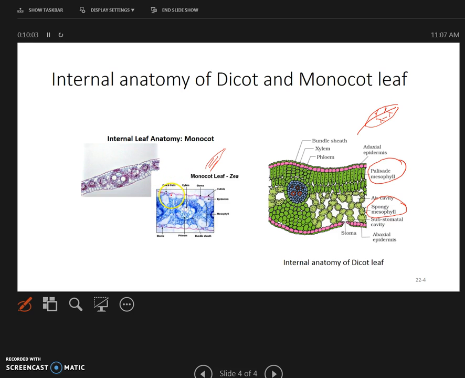In a monocot leaf, you do not have this differentiation. It's undifferentiated. There is nothing called palisade mesophyll and spongy mesophyll. It's just mesophyll. So what about the xylem vessels? In a dicot leaf there are many protoxylem and metaxylem vessels.